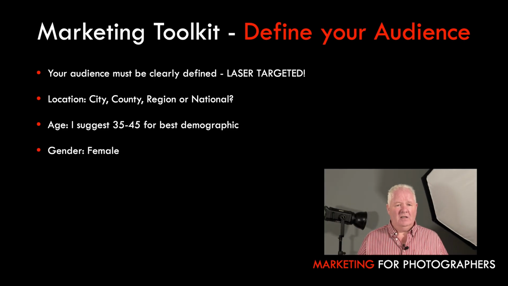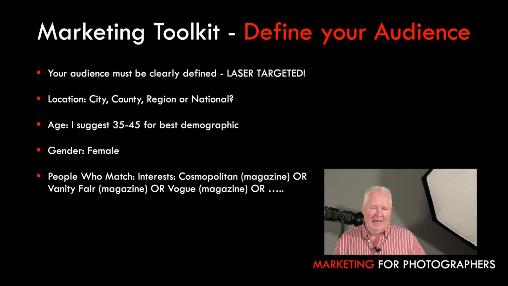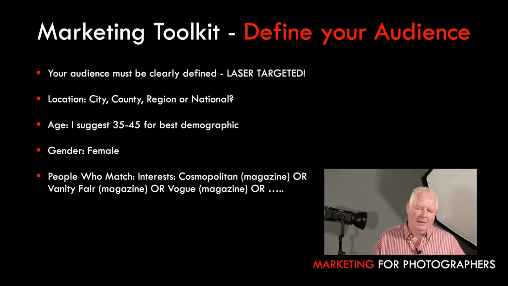Next, in terms of gender, who you're targeting. For me, I really promoted my bridal portraits as part of my USP, so I was targeting myself at the bride. I then wanted brides who were interested in the fashion and basically took an interest in themselves, their own appearance.